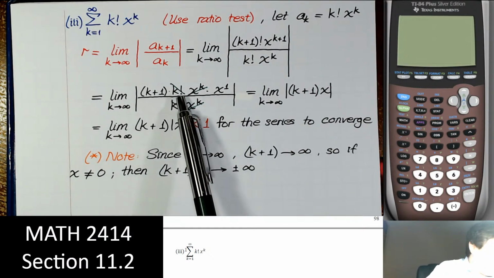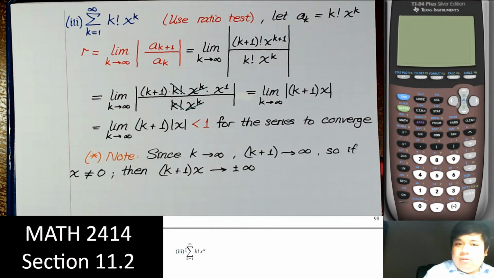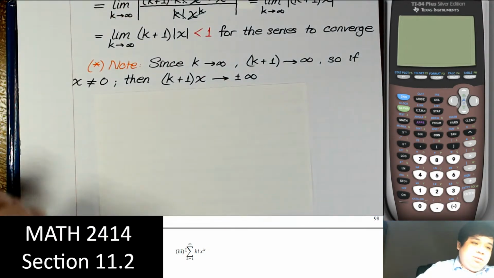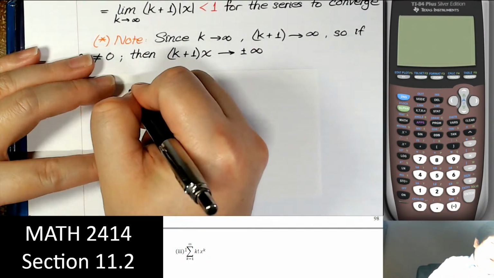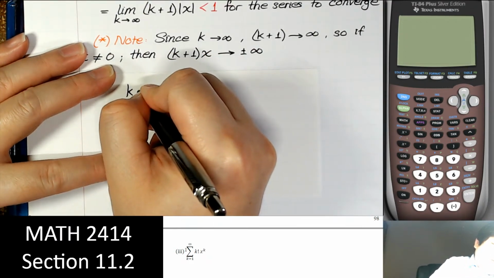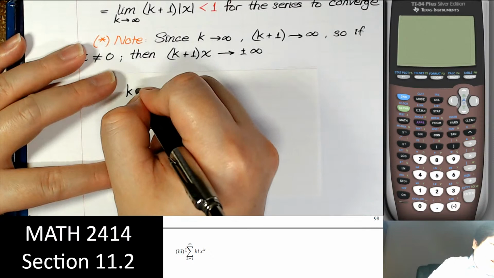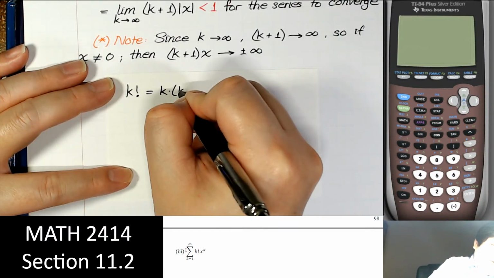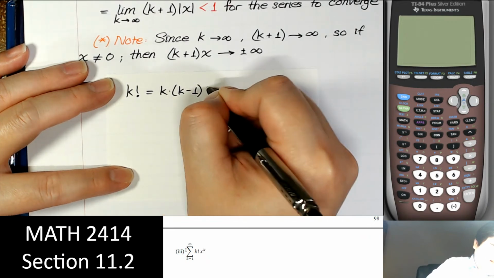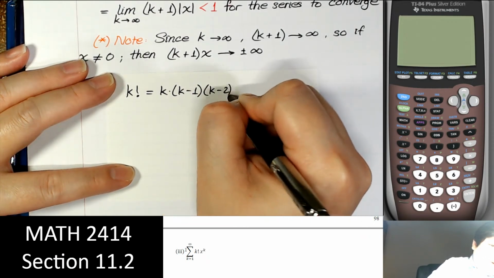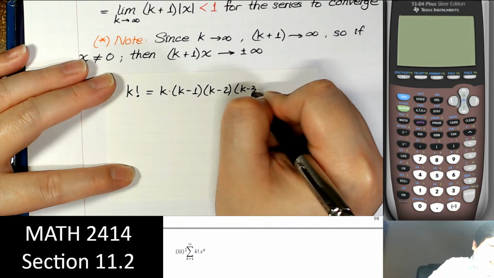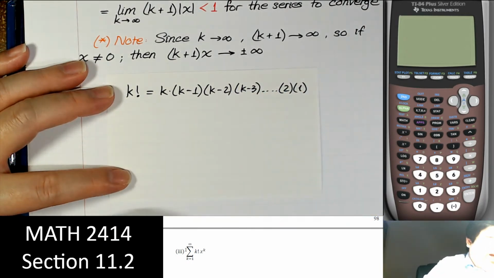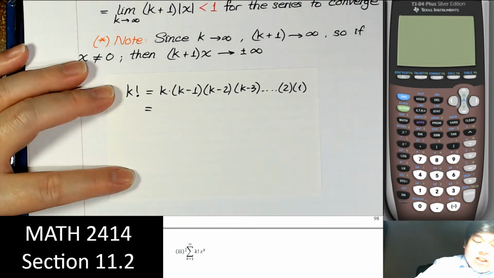Why did you put k here? Oh, k, first of all, let's talk about factorial. K factorial is going to be k times k minus 1, k minus 2, and all the way to 1. Now, in that case, we can decide to stop.